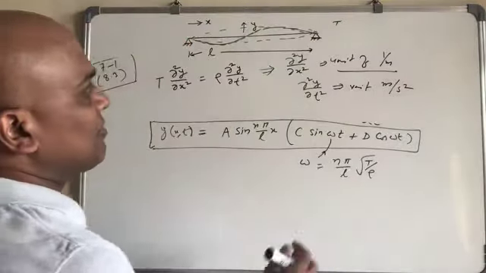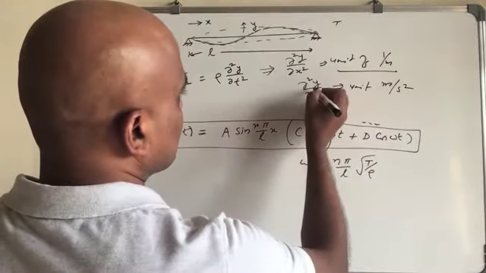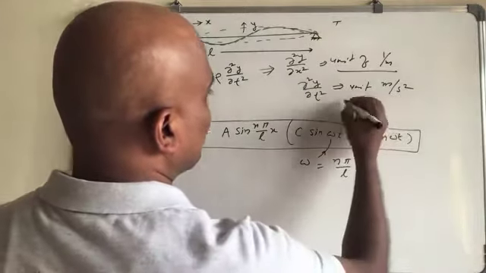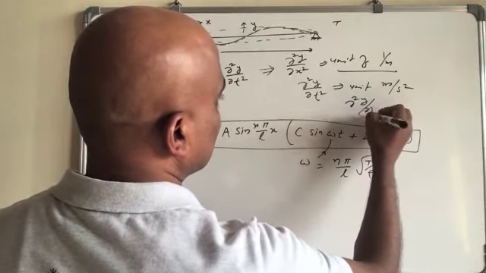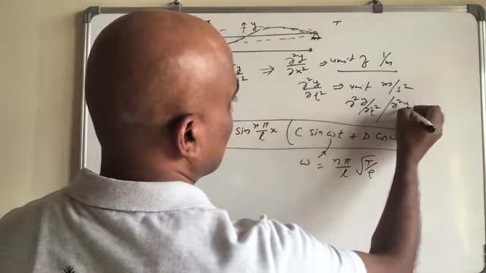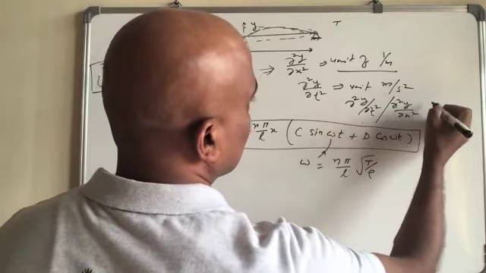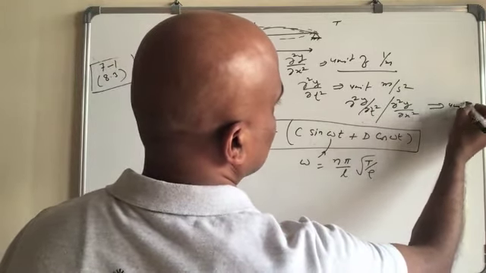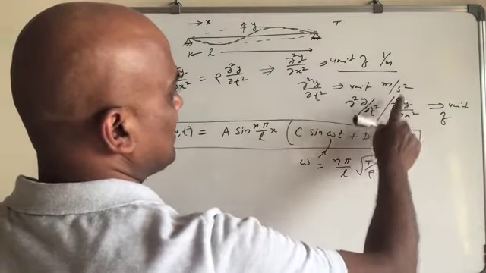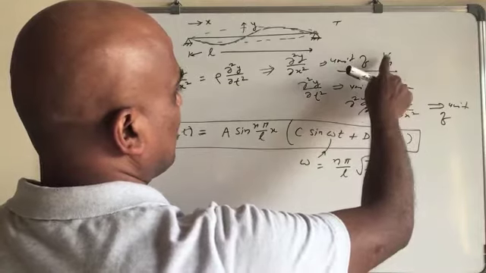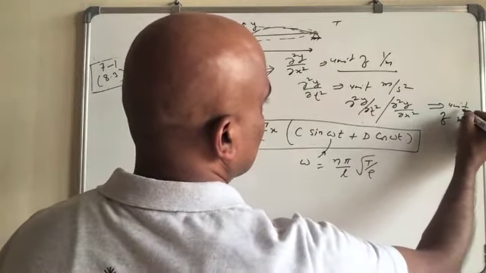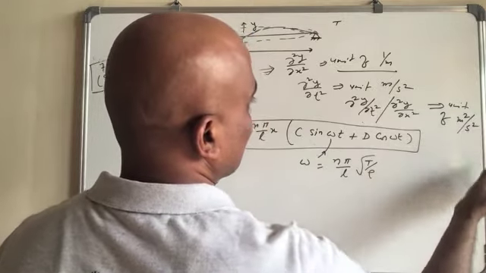Hence, if we divide this by this one, the unit of ∂²y/∂t² divided by ∂²y/∂x² will be meter per second square divided by 1 per meter. So you get the unit of meter square over second square, right?